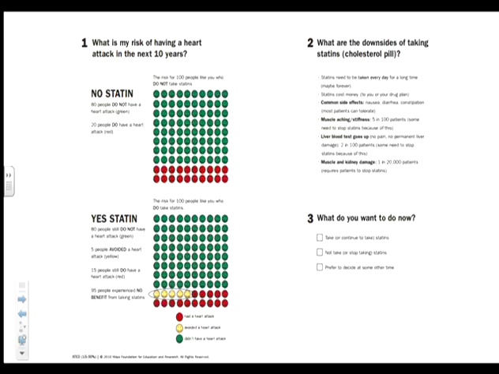On the right-hand side, there's the risks and concerns associated with statin use. And then finally, the third section is to prompt them whether or not they think they'd like to try this particular medication. So great tools available for free from the website that you can download and provide to your patients to help inform those discussions and aid in shared decision making.